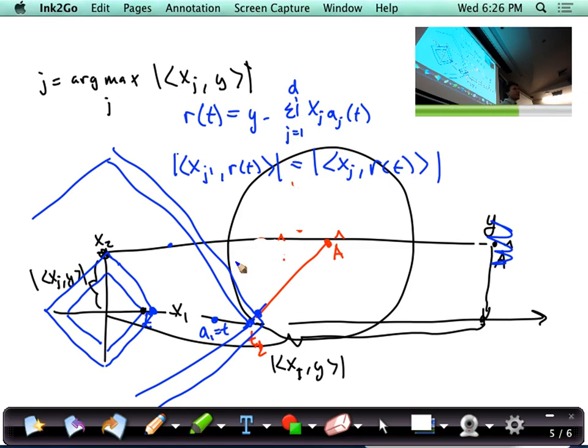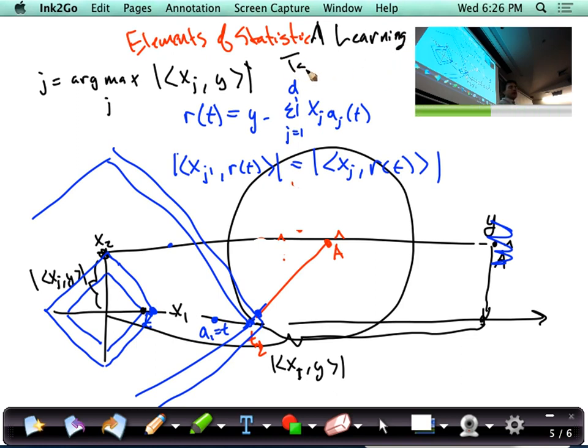There's this really great book called The Elements of Statistical Learning by Tibshirani and Friedman, and they basically have a whole graduate level textbook about this topic where they describe this in much detail.